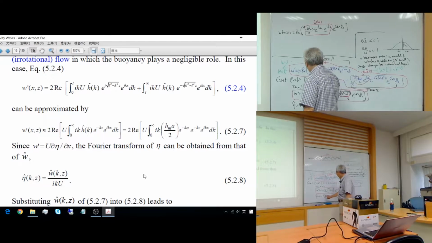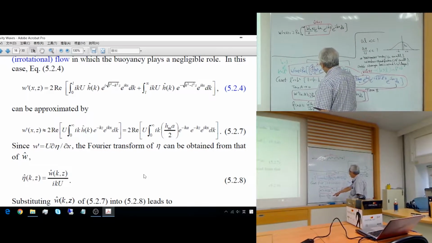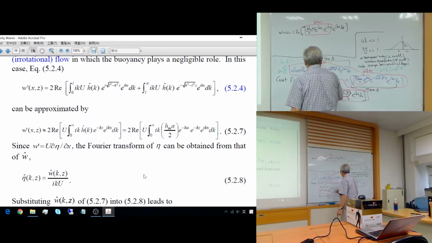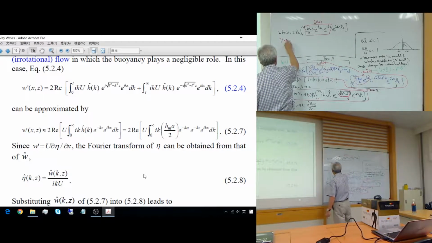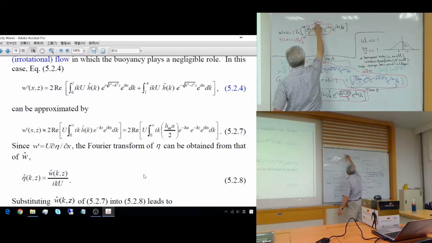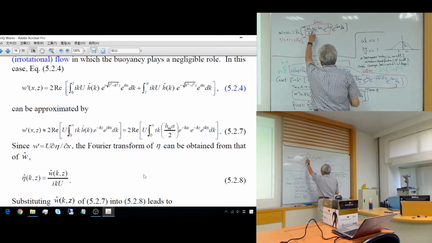So if W hat is divided by ikU, then eta xg will be equal to 2 times the real part of this integration divided by ikU. So ik is gone, U is gone.